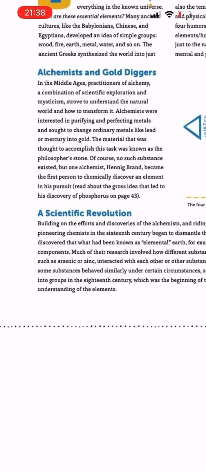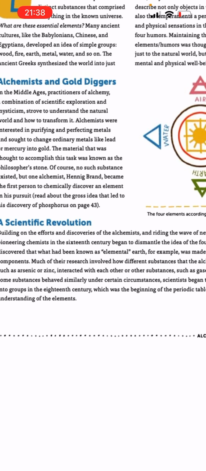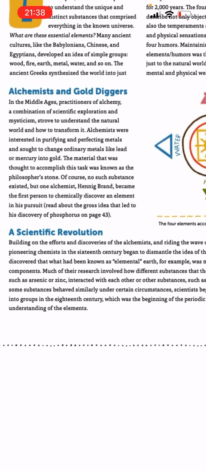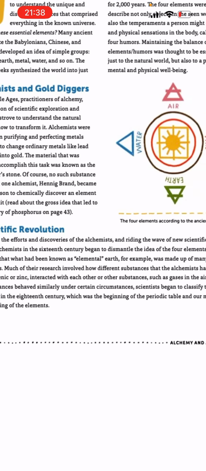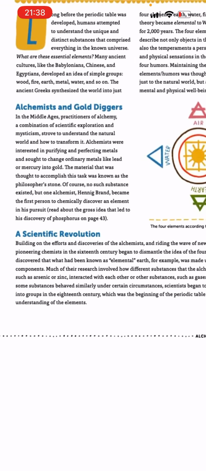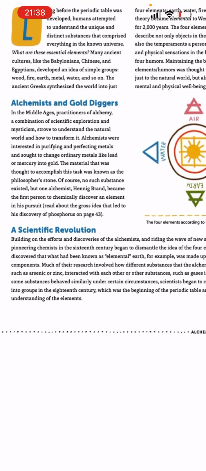A scientific revolution. Building on the efforts and discoveries of the alchemists and riding the wave of new scientific methods, pioneering chemists in the 16th century began to dismantle the idea of the four elements. They discovered that what had been known as elemental earth, for example, was made up of many components.